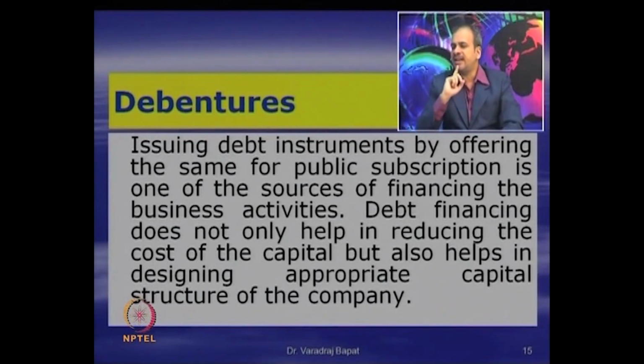Now, issuing a debt instrument by offering the same to the public is one of the important sources of finance. Now, it helps them to reduce the cost of capital, because usually shareholders have high expectations of returns, whereas in case of debentures, a fixed rate of interest say 12%, 13%, 14% will be paid.